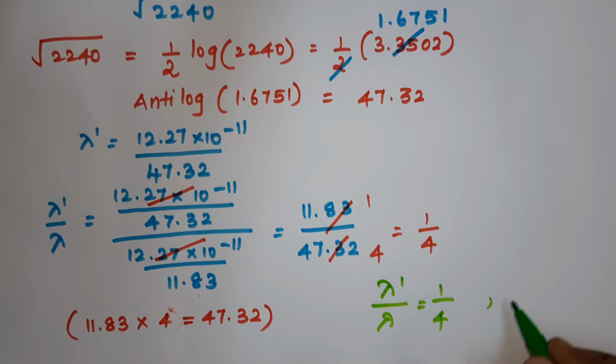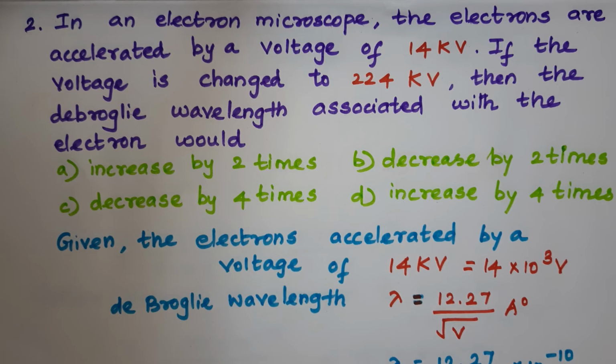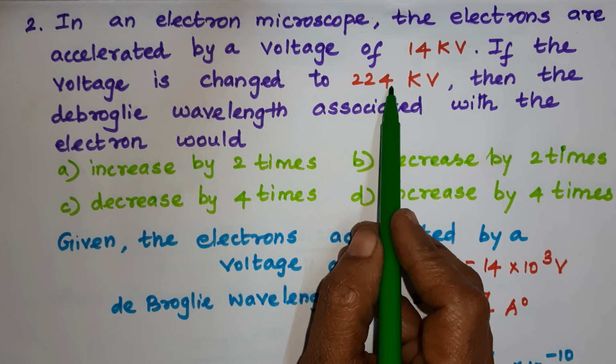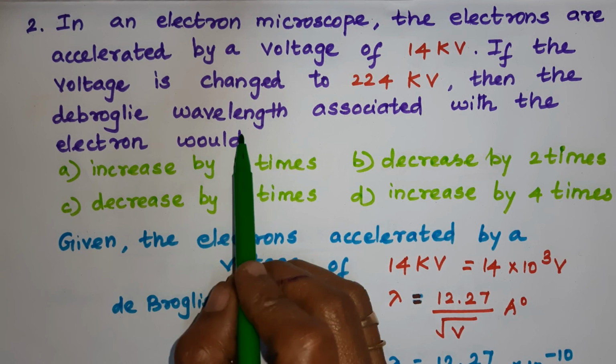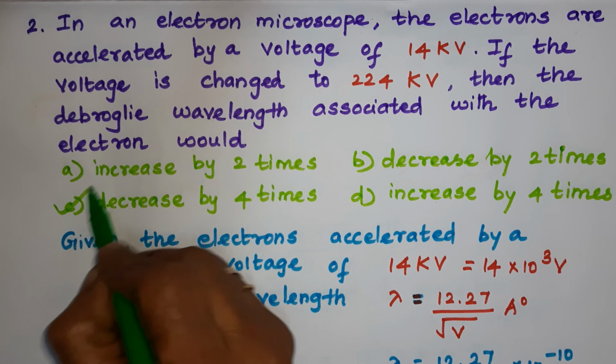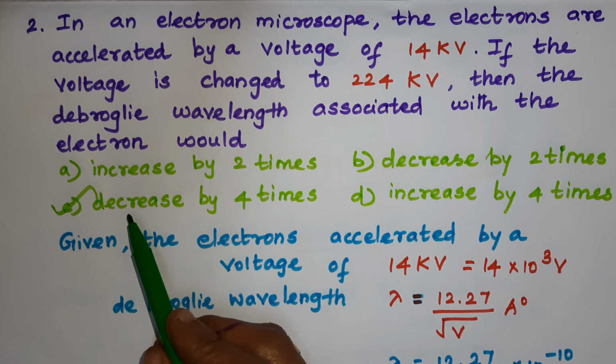And we can write lambda dash is equal to lambda divided by 4. So if the voltage is changed to 224 kilovolt, then the de Broglie wavelength associated with the electron would decrease by 4 times. The option C is the correct one.